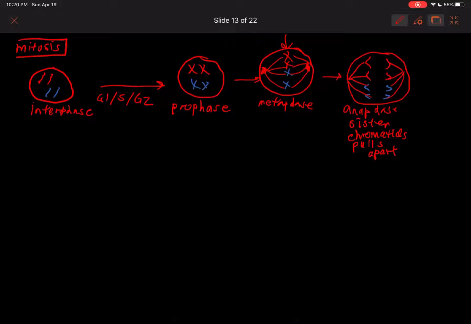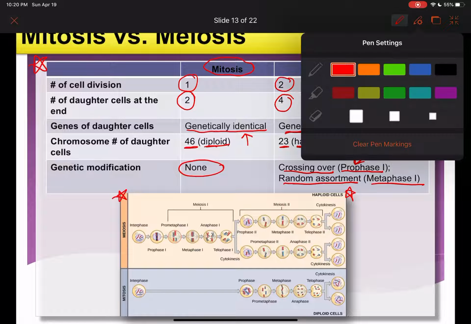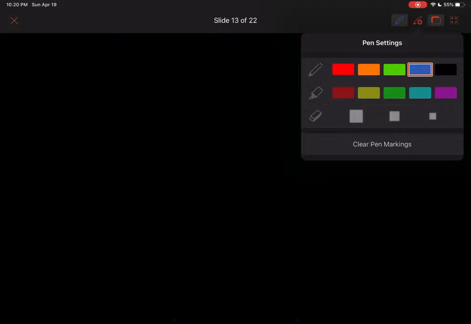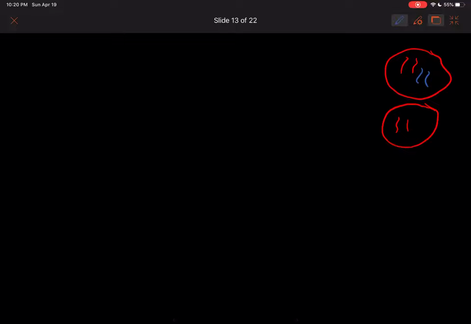And then you end up with telophase, in which you have your two cells about to be pinched off. I'm just going to finish that off because you have that as you're drawing with me. The two cells that are going to pinch off have your two red chromosomes and your two blue chromosomes, just like in the beginning.